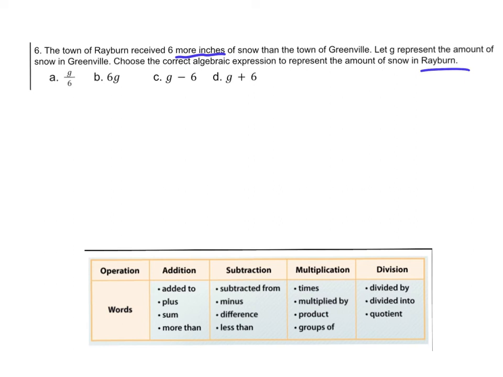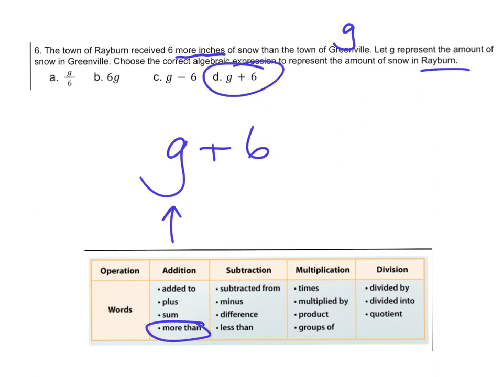So we know that Rayburn received 6 more inches than Greenville. So here's our Greenville, and we need to write 6 more inches than what was in Greenville, our G. And so when we hear more than, we know that we need to use addition. So we would write G plus 6.